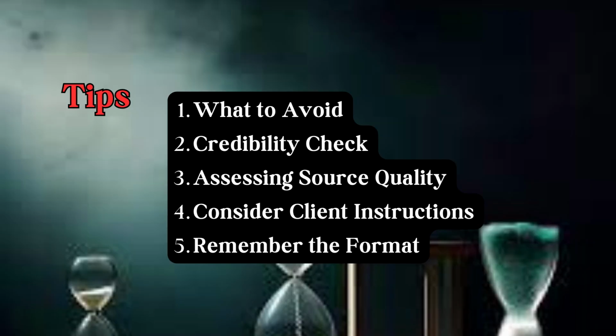What should you avoid when checking for sources? Number 1, steer clear of aggregate content sites such as Wikipedia and Yahoo Answers. Number 2, avoid outdated sources. Sources published over 5 years ago, unless allowed or permitted by the client.